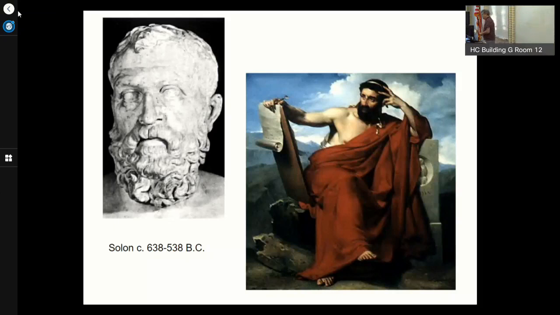Instead of a king or a dictator or a small group of nobility making all the laws, 400 randomly chosen Athenians will govern Athens. And the key here is they will come from all walks of life. Not just the rich, not just the poor, not just the middle class. We will have a council where people are chosen randomly.